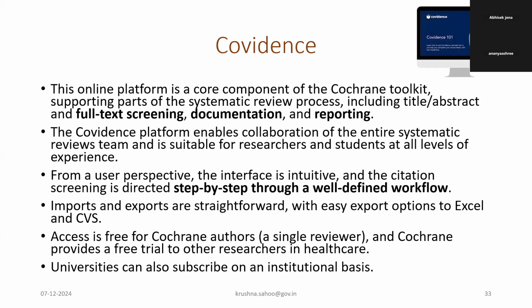Hello, sir, our subscription is for 50 reviews in a year. Per person? No, sir, a total of 50 reviews in a year. So 50 per year. In those 50 reviews, you have to register, and if you want to start, you can give access to any person. Yes, sir, 50 reviews per year.